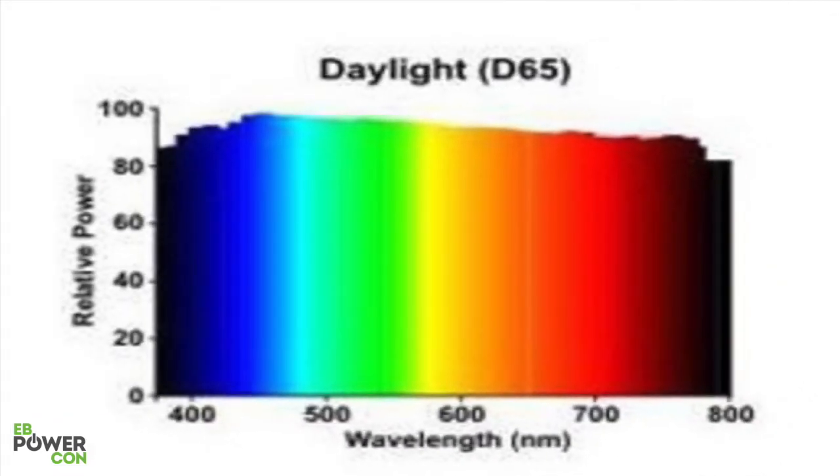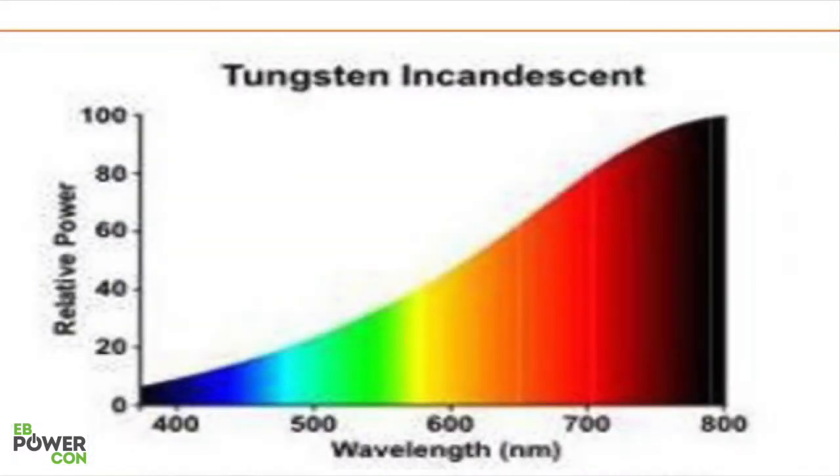You could see it's very evenly spread across all colors. So you'll see greens and blues and purples and reds and all the colors of the rainbow, as I said. With tungsten halogen or incandescence, there's a lot of reds and yellows in it. So you may not see the blues as well as you would with a different light source.